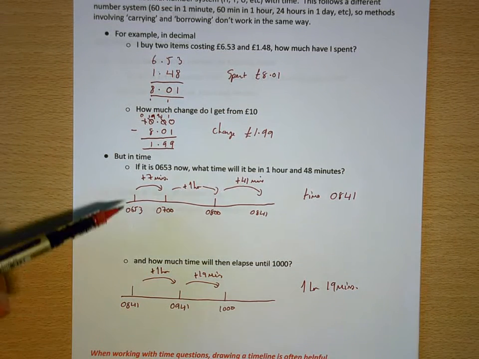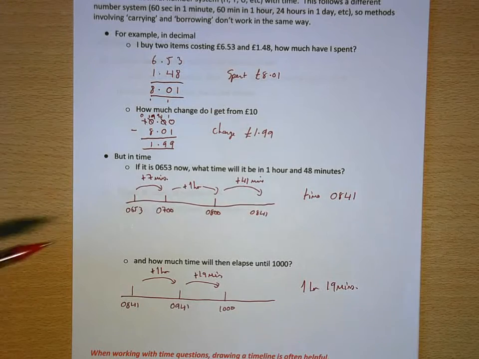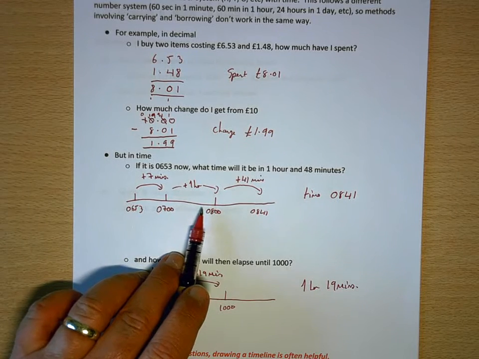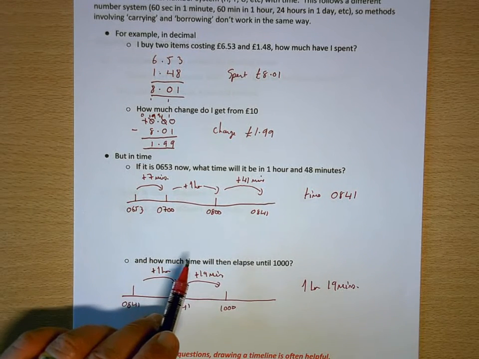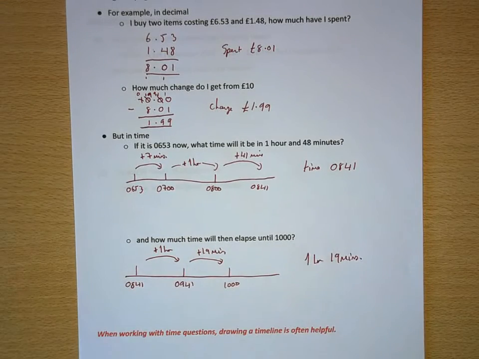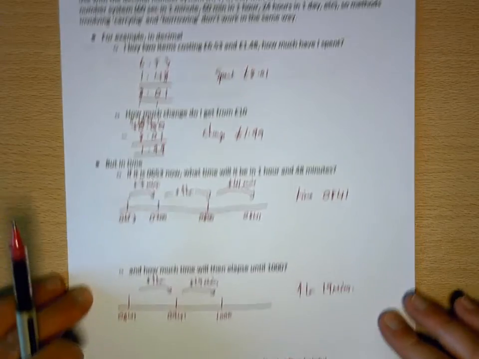Okay, so it's important that you're aware on a non-calculated paper in particular that when you're working with time you need to count minutes up to the next full hour, then count full hours or half hours, and then make up the difference. Okay, so that's what I've said there. When working with time questions, drawing a timeline is often helpful.